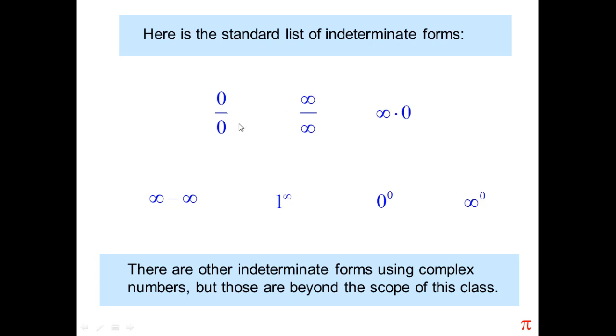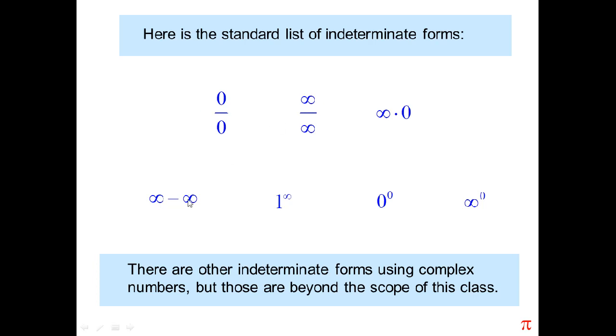All the ones with powers, of course, you're going to use the e and natural log. This one, of course, you're just going to do the reciprocal of 1. Whatever is going to infinity, you're going to divide by its reciprocal. Then it's going to be 0 over 0. And then this one, you just have to find a way to get common denominators and combine them together into one fraction and see what you get from there.